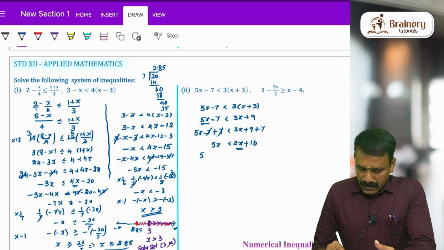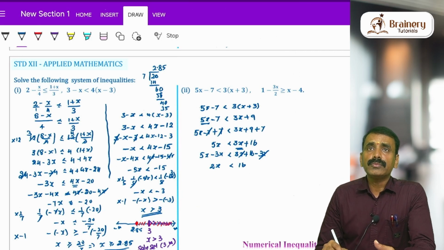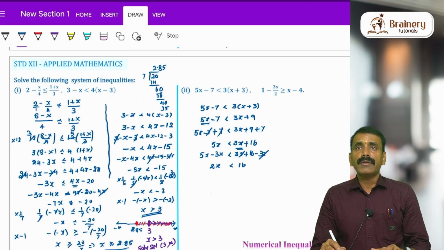So minus 3x is added on both the sides. 5x minus 3x, 3x plus 16 minus 3x. So 3x cancels. So 5x minus 3x is going to be 2x, which is strictly less than 16. So now I want to remove this 2 on the left hand side.